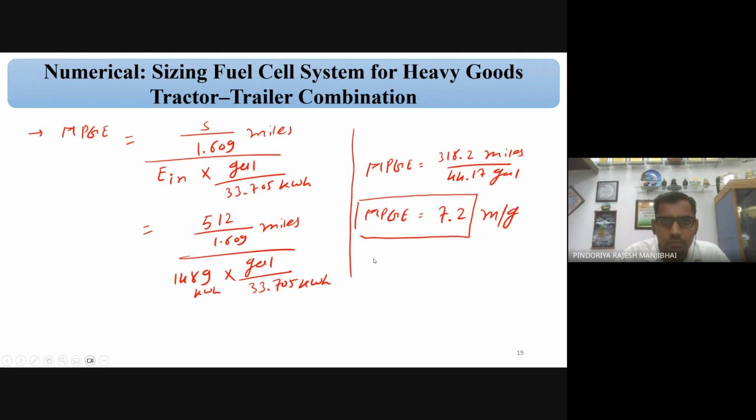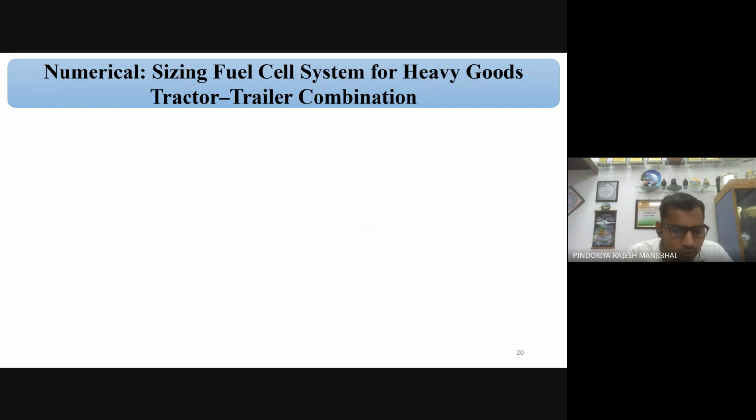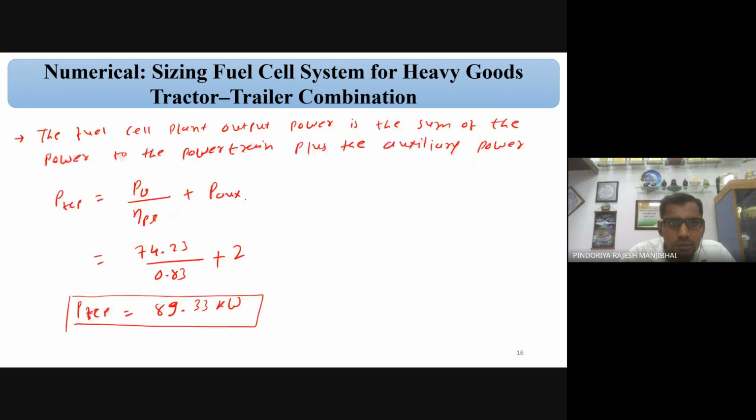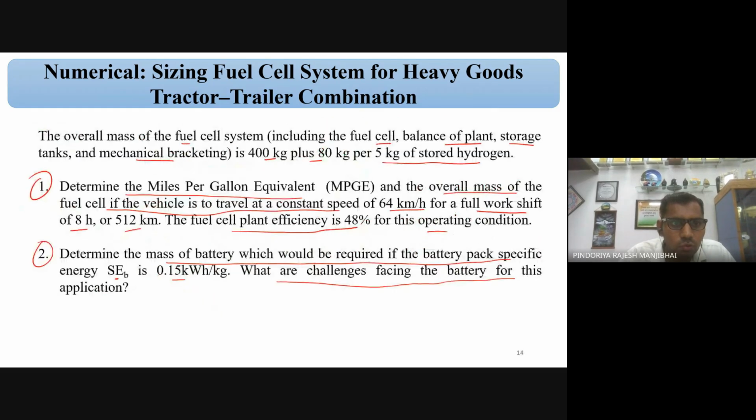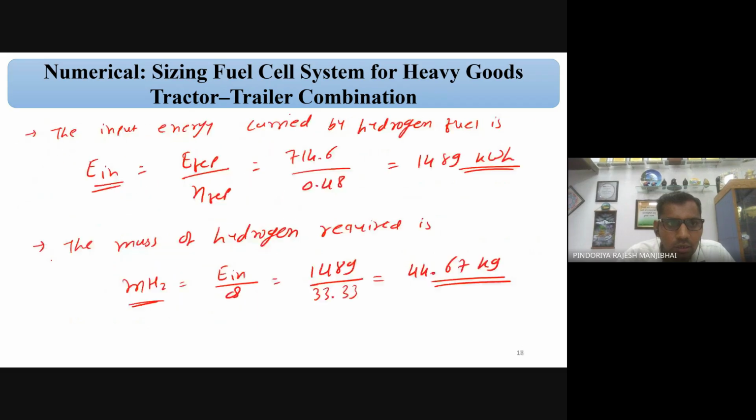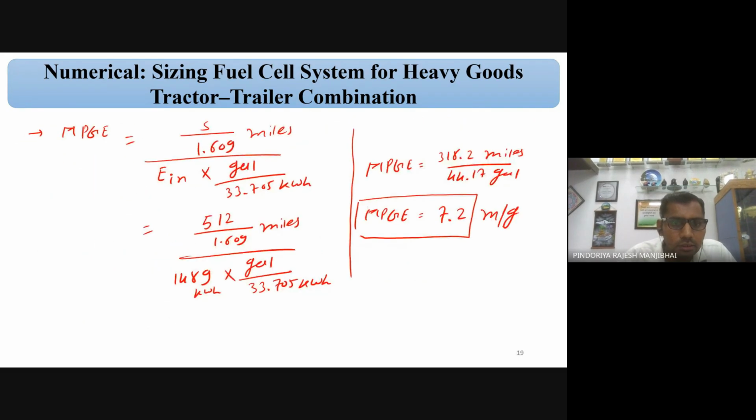Yeah. So now the second part, there is the overall weight of the fuel cell system. So there is a second part of this numerical. So we have to find out two things. This is the first part we calculated. Now we have to calculate the second part, that is the battery capacity, correct?